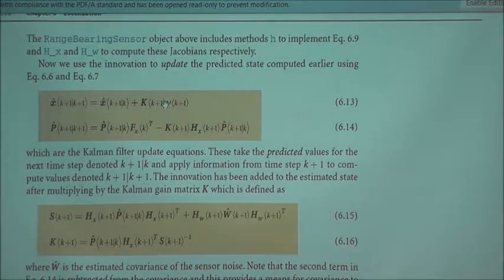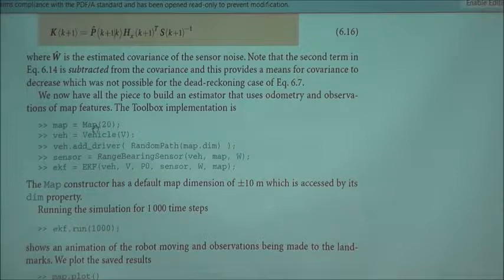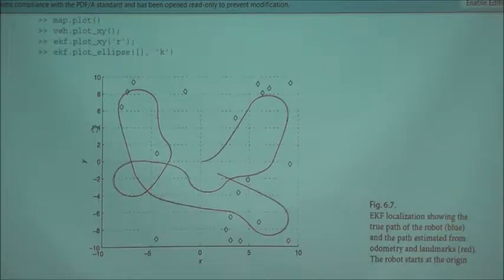And then these are the rest of the Kalman filtering equations, 2 here and 2 here, where K is the Kalman gain, P is the covariance matrix, and S is the innovation matrix. And you go through the sequence of commands. This is what you get right here.